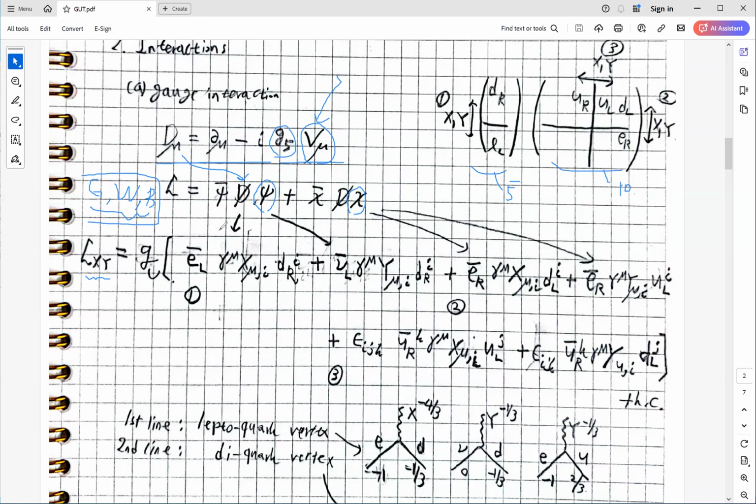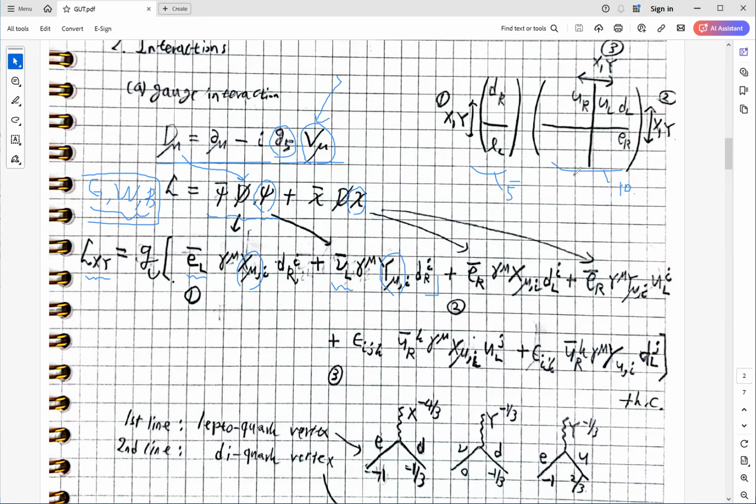So first of all, let's consider the 5 bar representation. Then the X and the Y gauge bosons swap between the right-handed down quark and the leptons, like the electron and the left-handed neutrino.